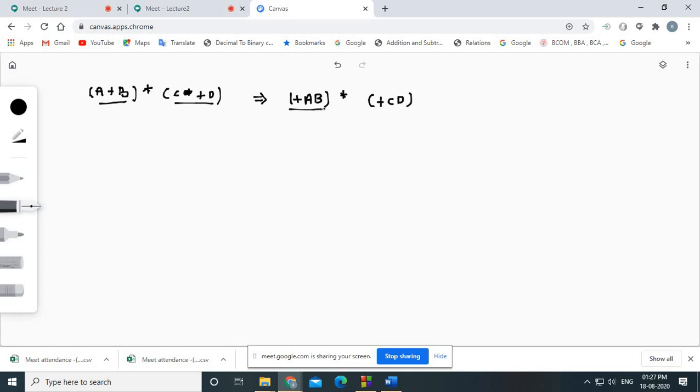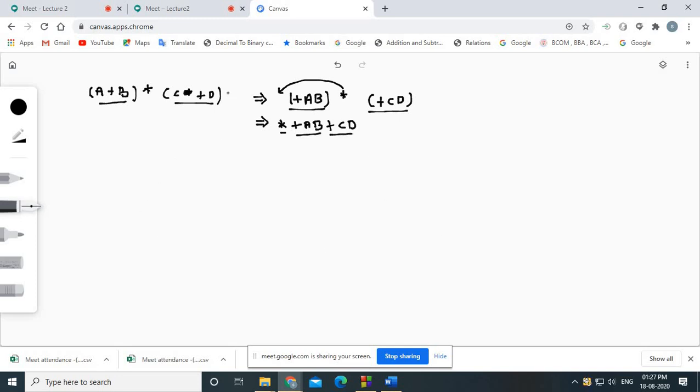Now this is your operand 1, this is your operand 2, right? We are converting into a prefix, so whatever operator is there between these two operands has to be written first, right? So here the prefix expression will be star plus AB plus CD. Okay, so here the operator will come first, then the first operand, and then the second operand.